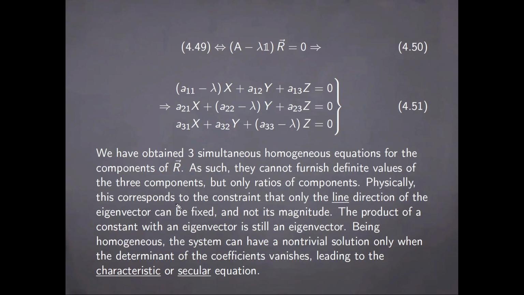Physically, this corresponds to the constraint that only the line direction of the eigenvector can be fixed, and not its magnitude. In effect, this is saying that the product of a constant with an eigenvector is still an eigenvector.